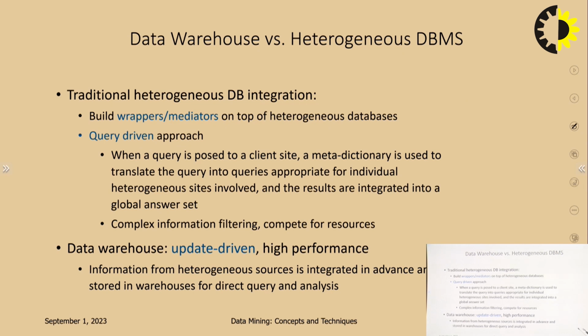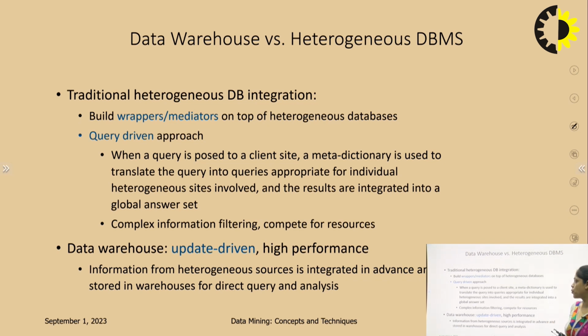Here is how the data warehouse versus the heterogeneous DBMS works. Traditional heterogeneous database integration basically has built wrappers and mediators on top of the heterogeneous databases. Query driven approach is there.